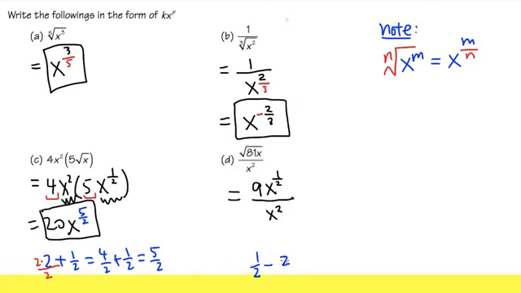Well, here I still have to get a common denominator. So I will just go ahead and put on this one, and I need to multiply by 2 here, multiply by 2 here. And we will see this is 1/2 minus 4/2. This time, 1 minus 4 is negative, and then we have 3, and then the bottom stays the same.